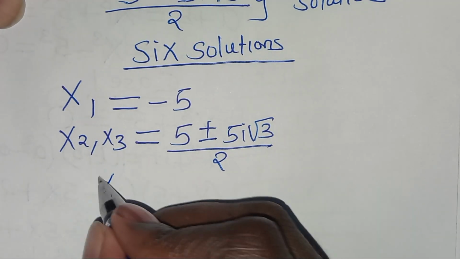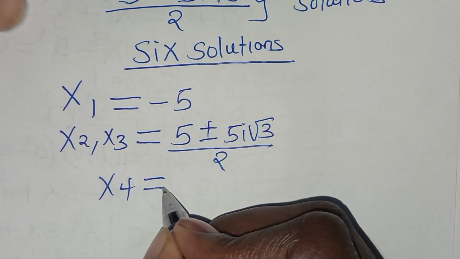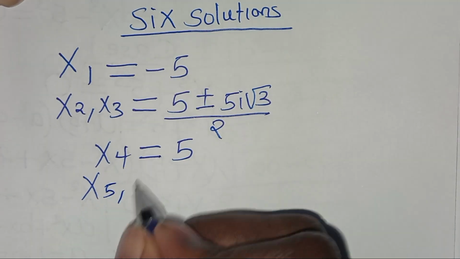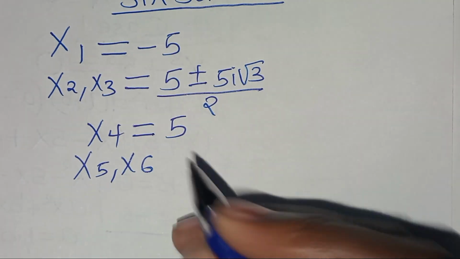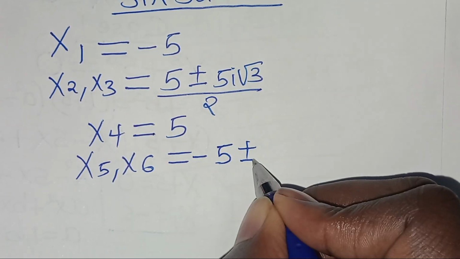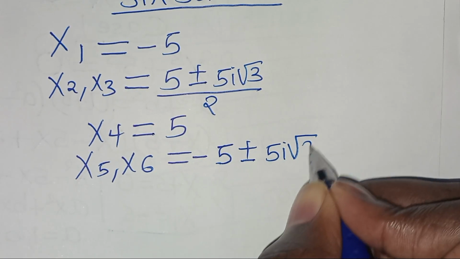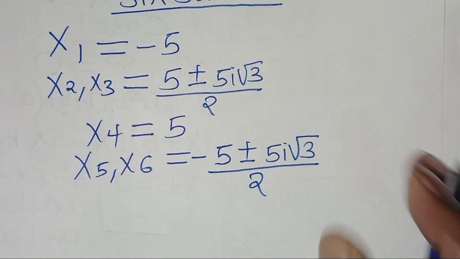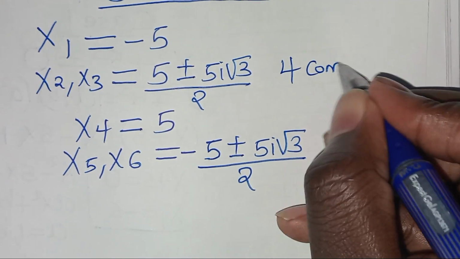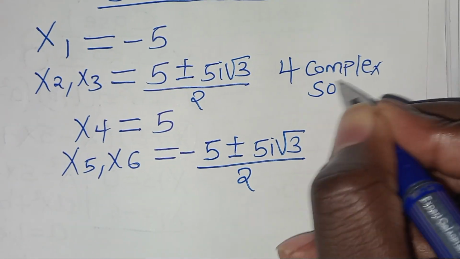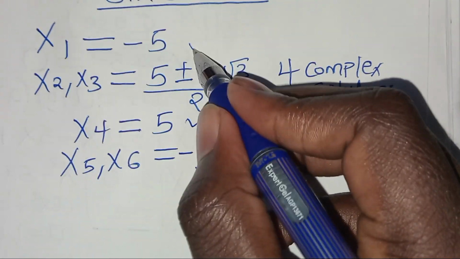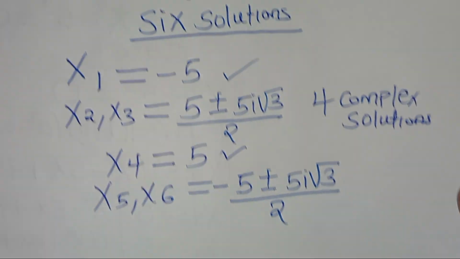And we have that x4 is equal to 5, and we have that x5, x6 is equal to minus 5 plus or minus 5i square root of 3, everything here divided by 2. So in total here, we have 4 complex solutions, and 2 real solutions for this exponential equation.